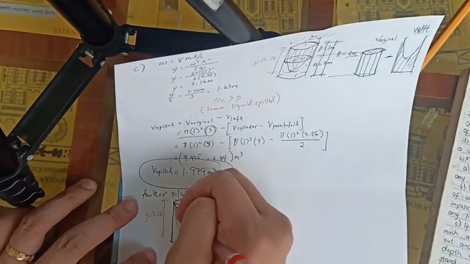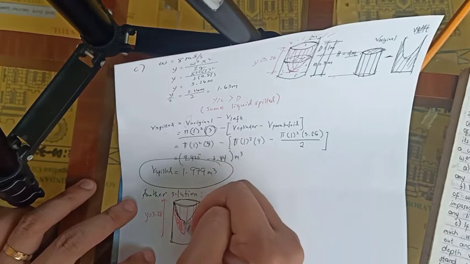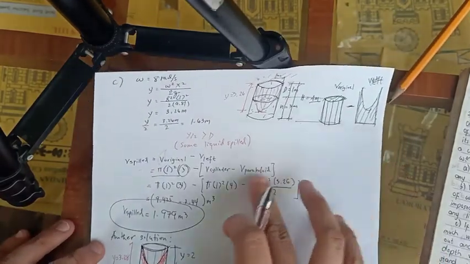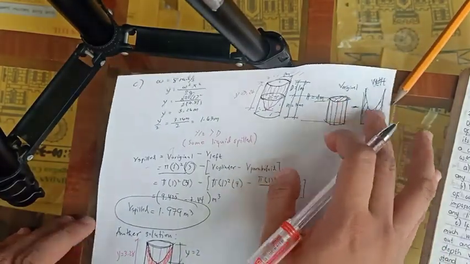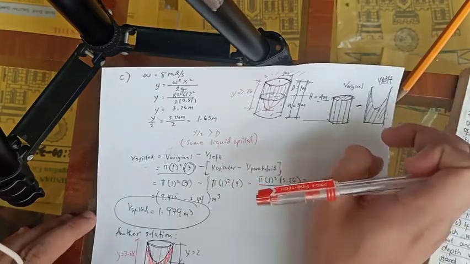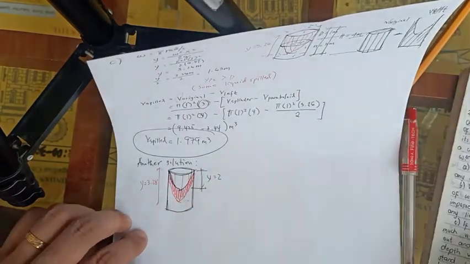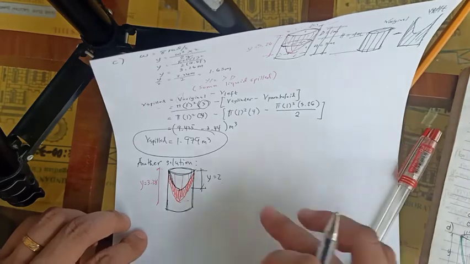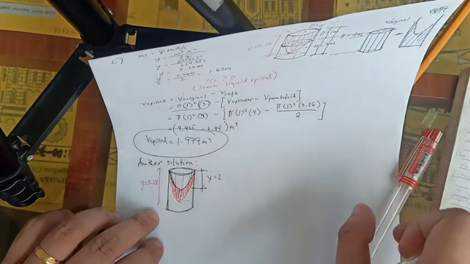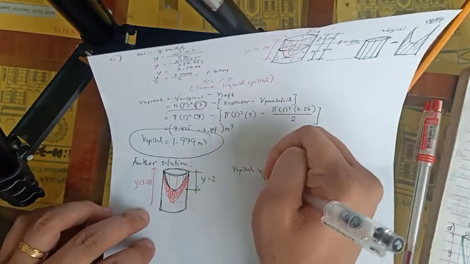So the only matter is the spilled. This one is an assumption in getting the spilled, but this one is very accurate because we base it on dy, the depth of the paraboloid.